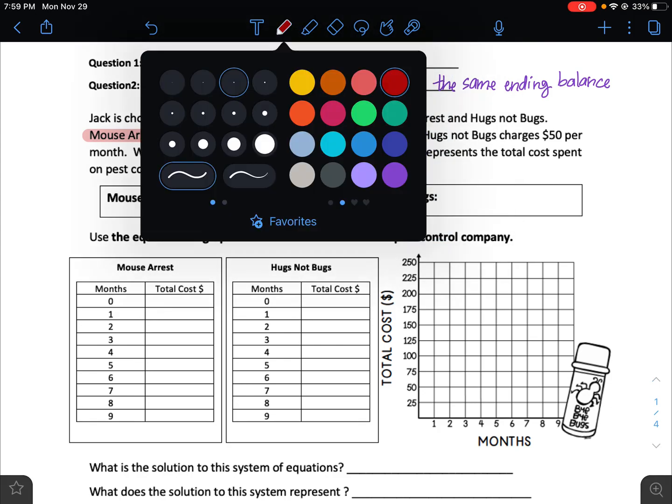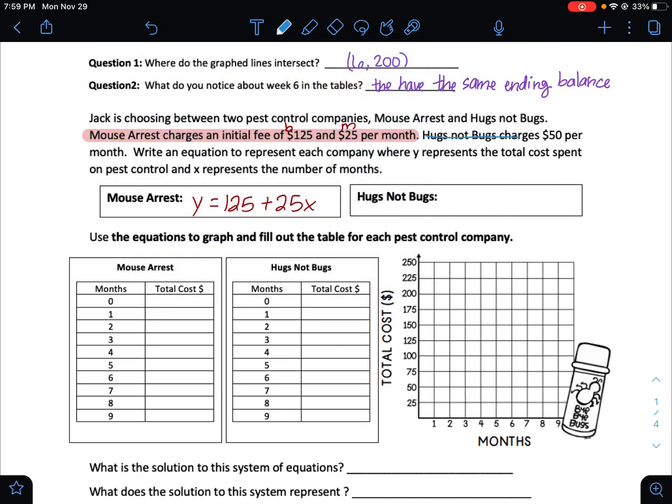Okay, then we have Hugs Not Bugs, which is just $50 per month, which is my M, and that's all the information. So in this one, there is no B. So I just have y equals 50x.